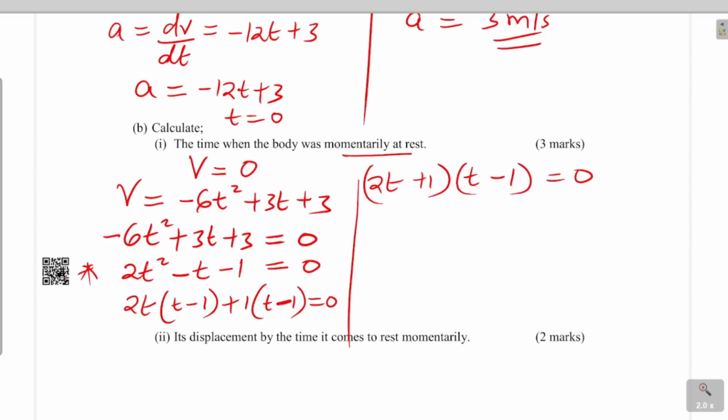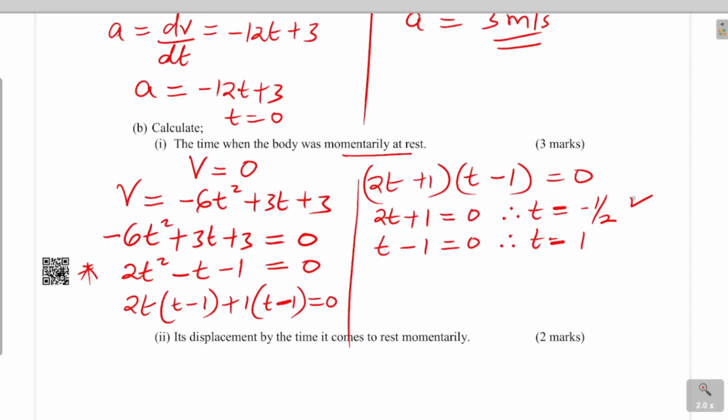So you shall have two values of t. 2t plus 1 equals 0, and if this is the case, t is equal to negative a half. And then the other one is t minus 1 equals 0. So this one will give t as 1 second.